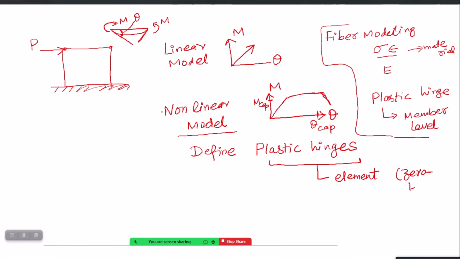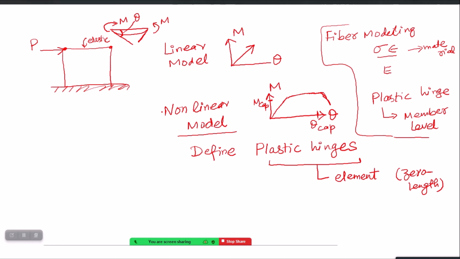Zero length element means that it is just a point which you can assign anywhere along the length of your beam. In this particular example, when the beam is subjected to lateral load, since the maximum bending moment is experienced at the ends and therefore the inelastic action is expected at the ends, you can provide these plastic hinges at the ends only, and in between the two ends you can assume an elastic or linear frame element.